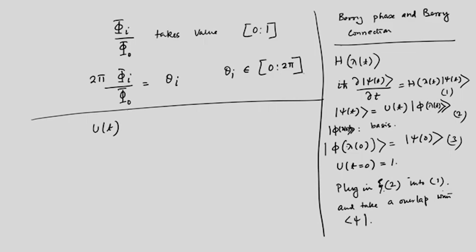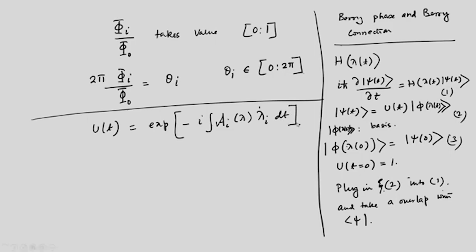Okay. Now, if you do that, then U of t comes out to be some exponential of minus i, and this is written with a curly A, and this is A_i of lambda, and so this is lambda_i dot, which means it is d lambda_i by dt, and then there is a dt there.